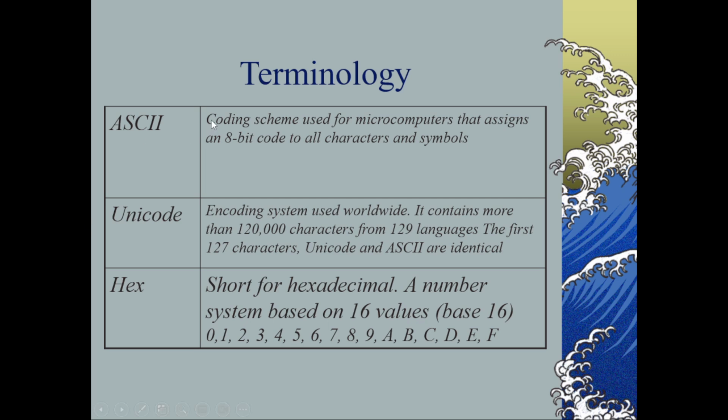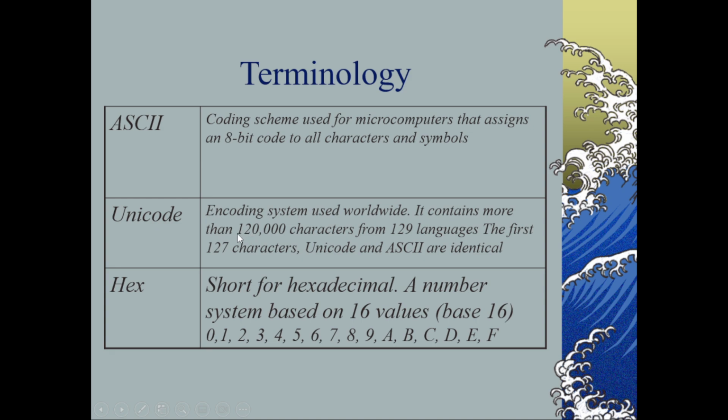ASCII, we talked about, is the coding scheme that every computer in the world uses, but it's limited to 8 bits and 255 characters. Unicode is a larger coding scheme, and on this slide, it says 120,000. I've seen different numbers on this, to be honest with you.